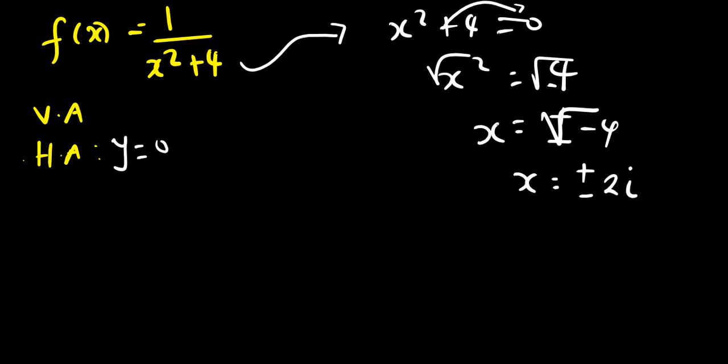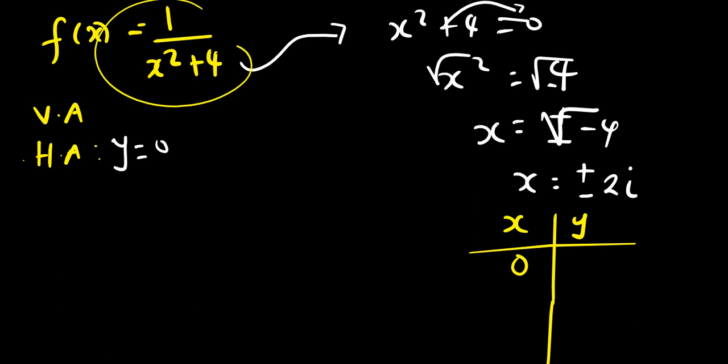So if we don't have vertical asymptotes, let's come up with a table of values to see how our graph will behave. Let's start at x = 0. When you put 0 in the function, you get 1 over 4.